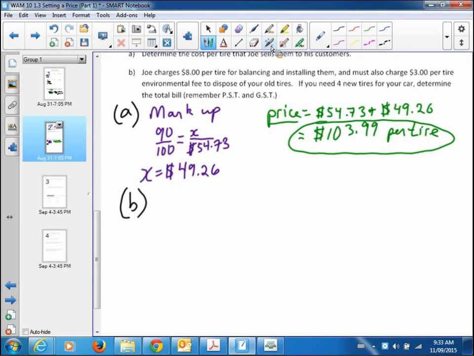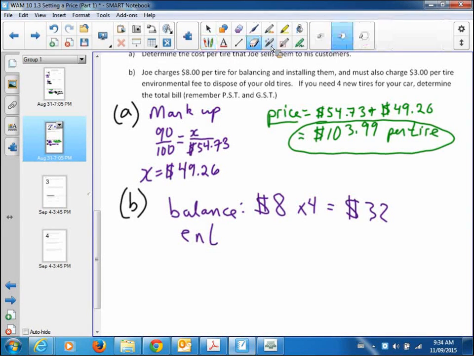So he has to balance the tires, that price. That's going to be $8 times the 4 tires. That's 32. Then the environmental fee. It's going to be $3 times the 4 tires.